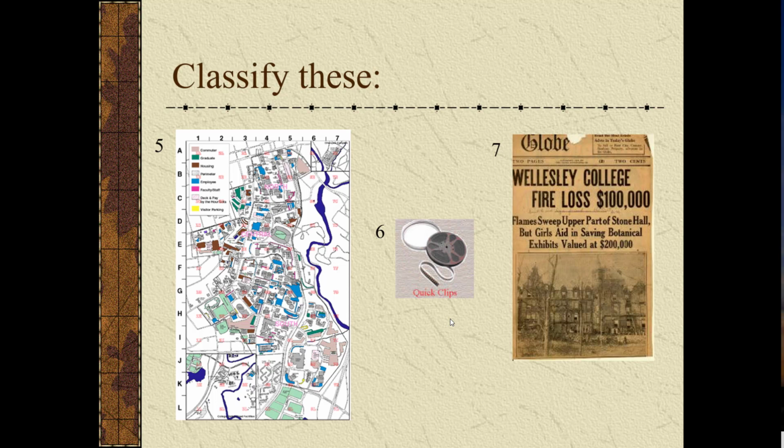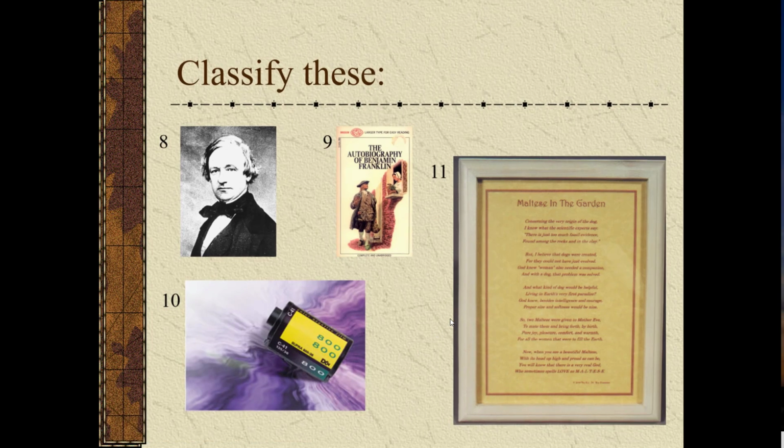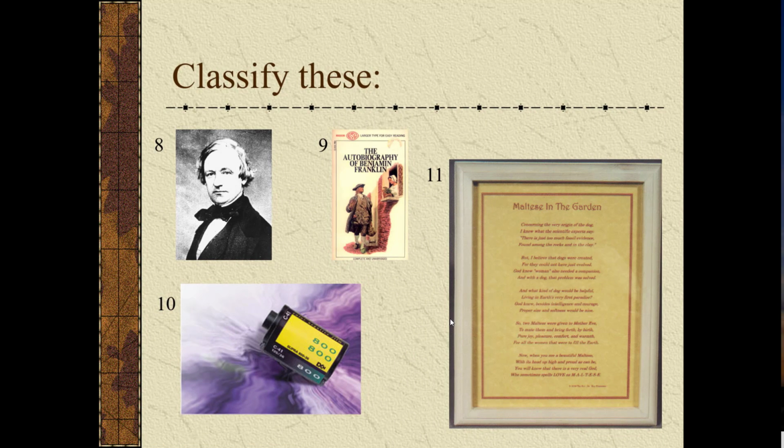Number 7 is a newspaper. Number 8 is a photograph. Number 9 is an autobiography. Number 10 is also film. This is photographic film, so that would be put in a camera.